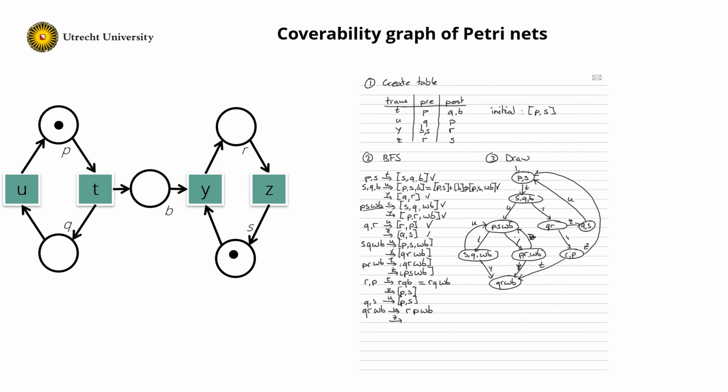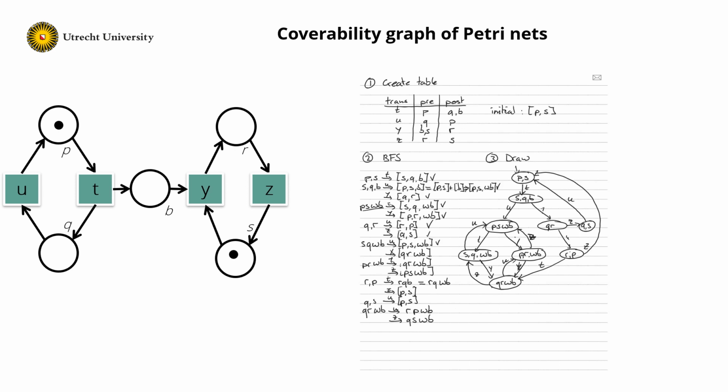This gives me marking QS omega B. So QR omega B is here. I can fire U to PR omega B. That's over here. It was with a U. And to SQ omega B, that is over here with a Z.